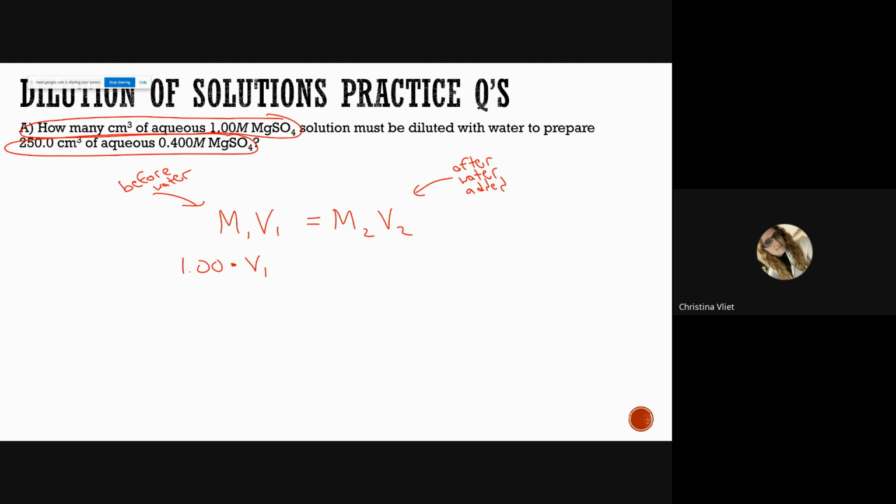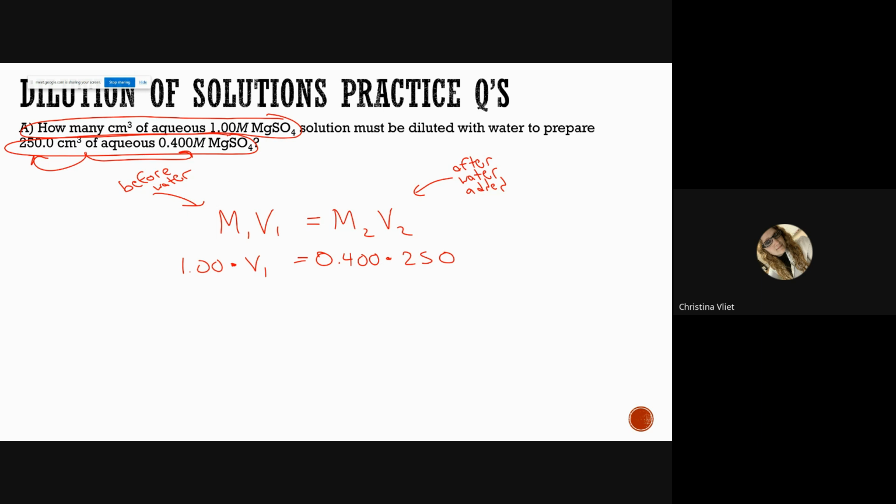M2. Do I have M2? 0.4. And our V2 is the amount that goes with 0.4, which is? 250. Once you've plugged in all your numbers, then you solve for V1, which is 0.4 times 250. 0.4 times 250 is what? 100.